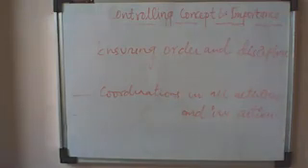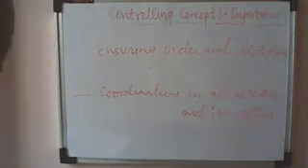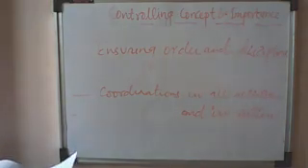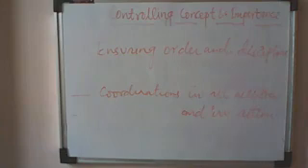So these are the points to describe the role of controlling as a function of management, because we are not able to achieve our goals or destination only by making plans, but we also need some controlling techniques to be applied so we can reach our plans with minimum effort and maximum utilization of resources.